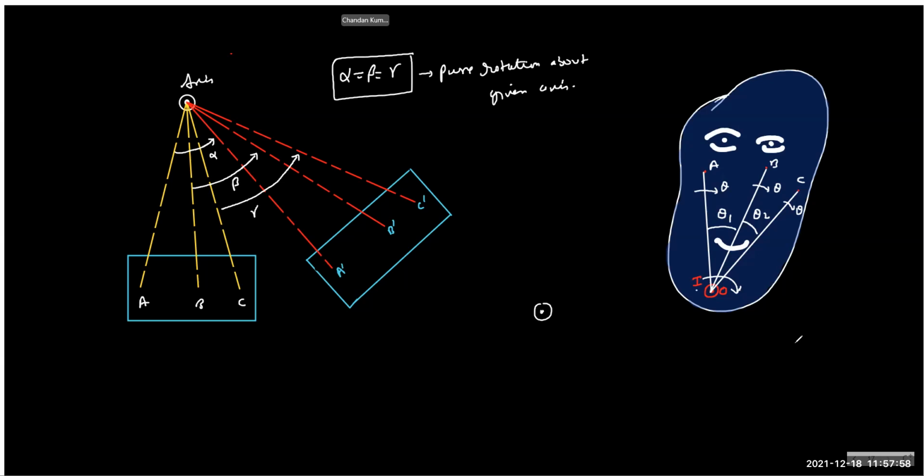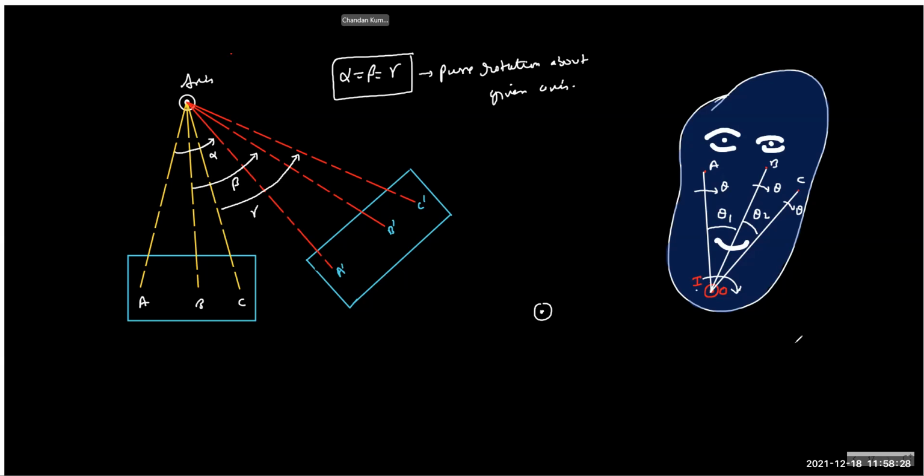But in nature, something very interesting happens. I mean, that's very, very powerful. In nature, even beyond the body, there is a possibility that you may get one particular axis about which the body performs pure rotation motion.